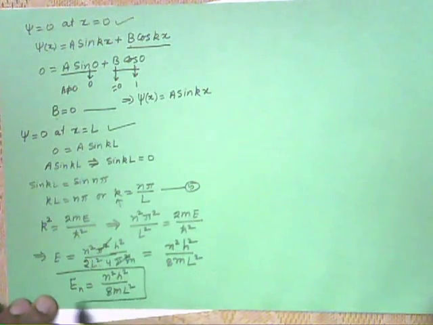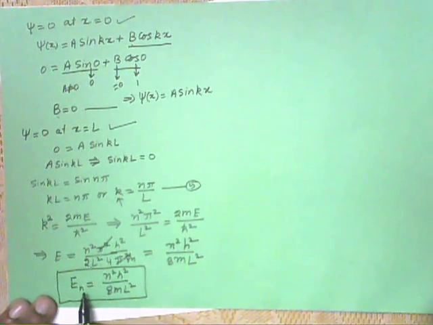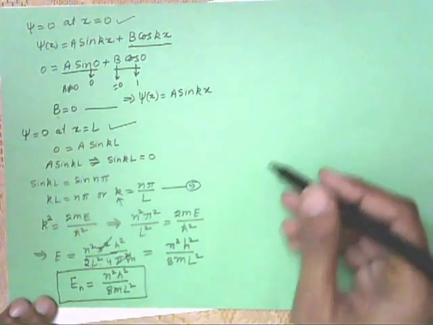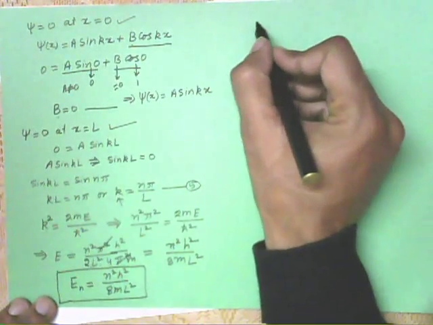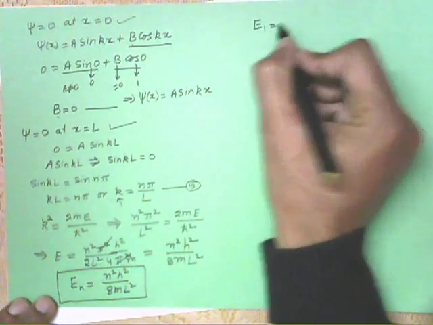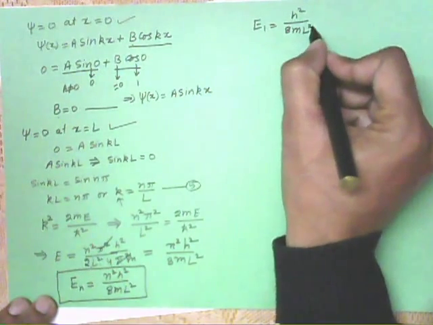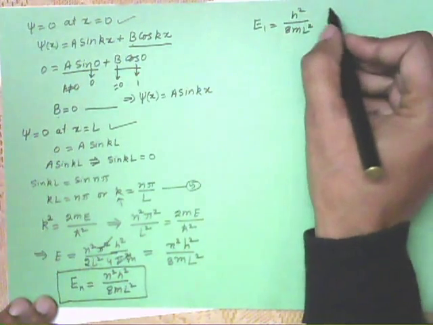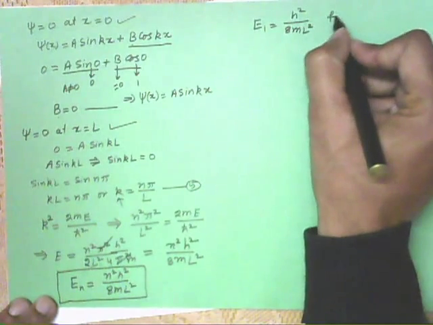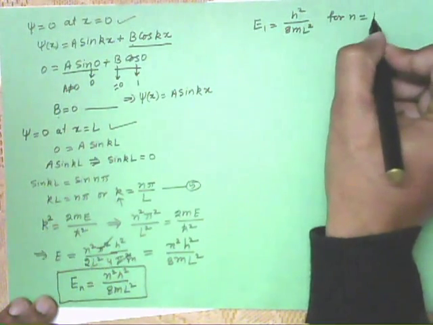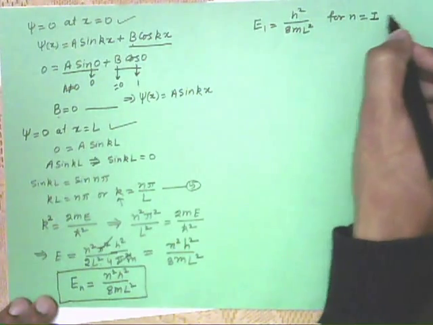From this formula one can find out the energy of a single particle in an infinite potential well. It is clear that E1 will be h square upon 8mL square, for n is equal to 1.